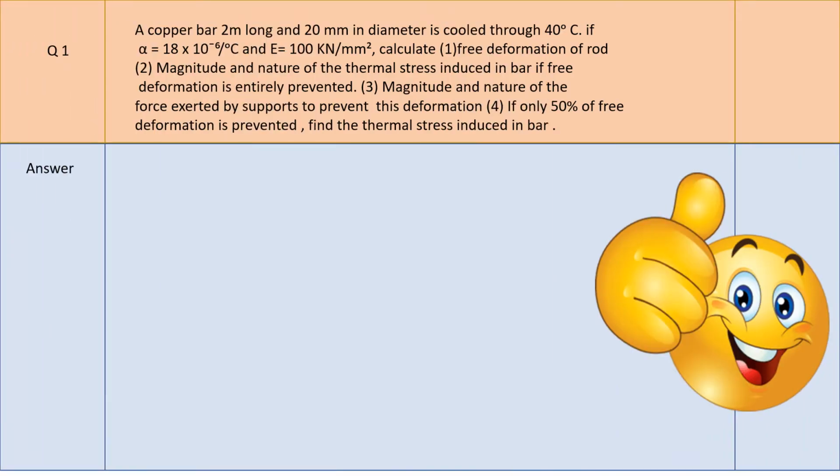Now let us take the first problem. A copper bar 2 meter long and 20 mm in diameter is cooled through 40 degrees Celsius.